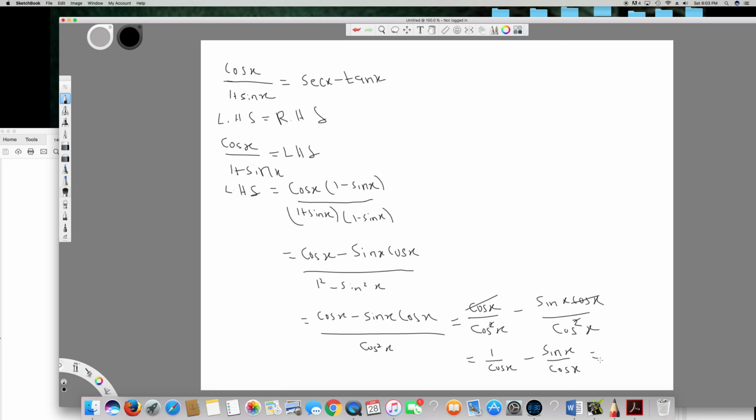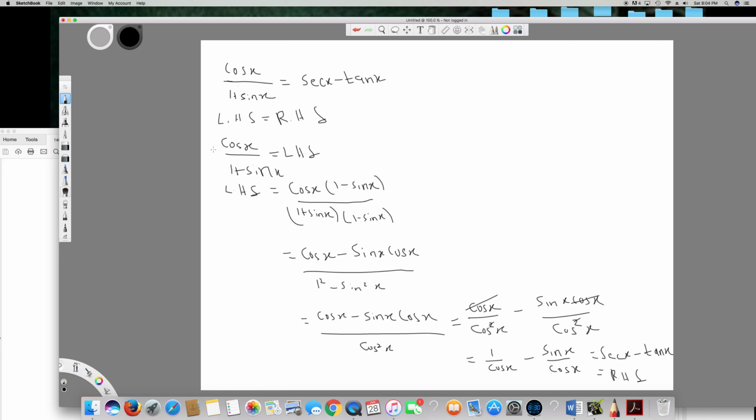So 1 over cos x is going to be sec x, minus tan x. So we found that the left hand side is equal to the right hand side. So that is the solution for this question.